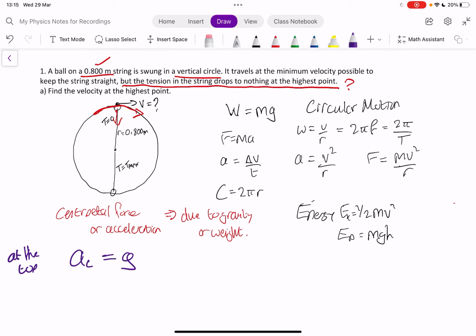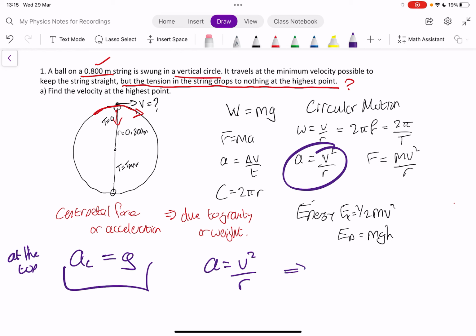What does that tell us? Let's try something. I've got these equations: a equals v squared over r. And if a, the acceleration, is equal to g, then I can say that g equals v squared over r.